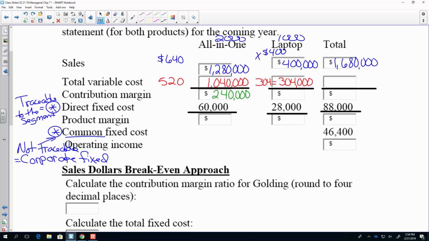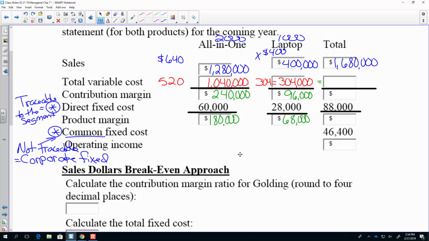With an operating income of 180, or segment or product income of 180. The other one was 96,000 minus 28 is 68,000 of income. And then for the total column, we're just going to simply add the two together.